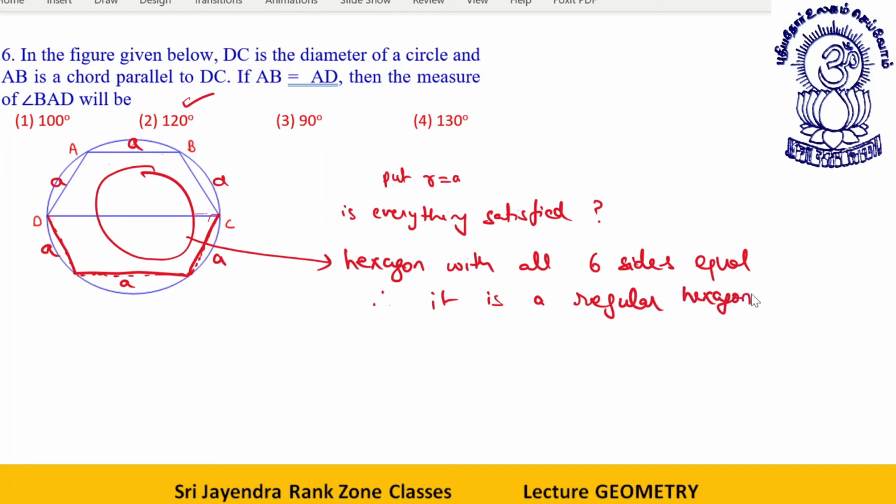When this is a regular hexagon, what will happen? Angle A will be equal to 720 by 6, 120 degrees. Clear?